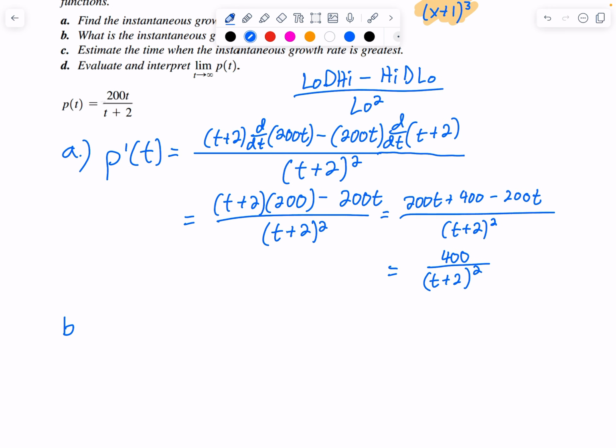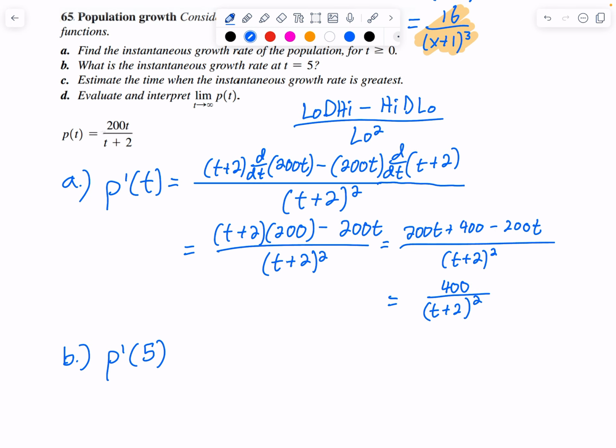B asks for the same thing, P prime of 5. Instead of running through the whole formula, I just plug it into the equation that we found: 400 over 5 plus 2 squared, and that's going to be 400 over 49. 7 is the only thing that goes into 49. I don't think 7 goes into 400.